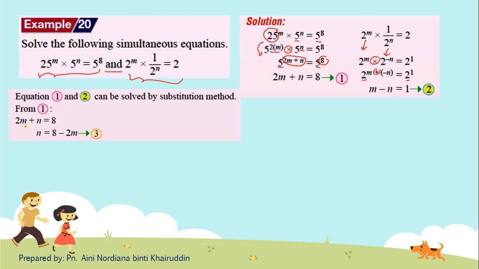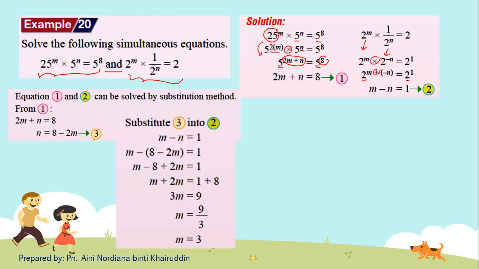So from 1, factorize, so you get n here. So 8 minus 2m, this is equation 3. And then substitute equation 3 into 2. So this is equation 2. So substitute the value of n here with 8 minus 2m.